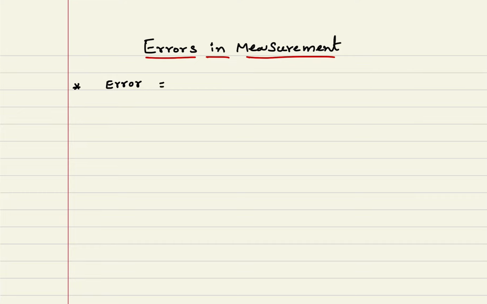First I will explain the meaning of error. Error is nothing but the uncertainty in the measured value, or we can say it is the difference between the true value and the measured value.